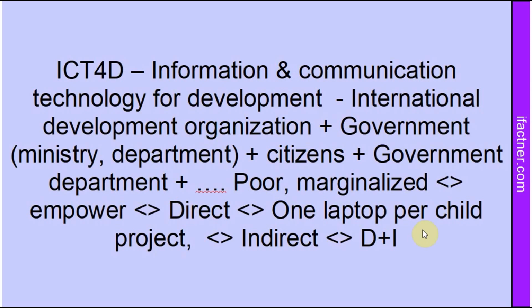For example, we can give mobile phones to the farmers, and we can also empower the government department to provide information or to send messages to the farmers, for example, related to weather or the market rate of the crops. And it is better to use the direct plus indirect approach for ICT4D projects.